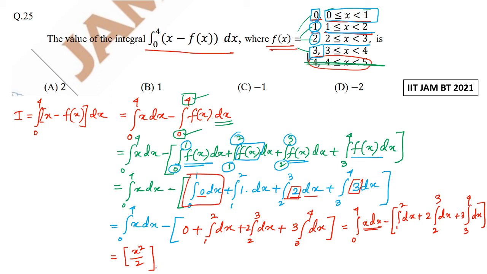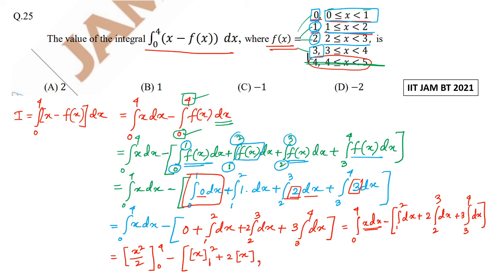So integration over x dx is equal x square by 2, and the limit is from 0 to 4, minus integration over dx will give us only x, right? So here x, and the limit is from 1 to 2, plus 2 into integration over dx, that is again x.